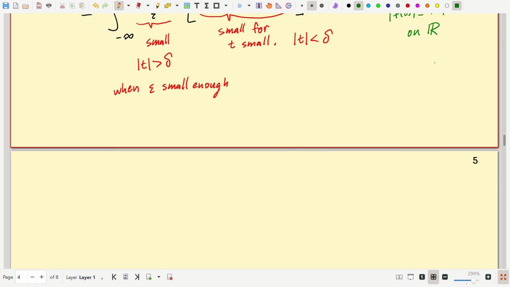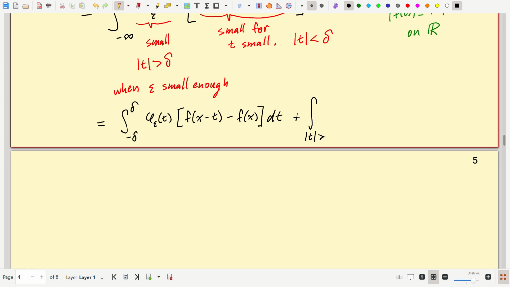So I could write this integral as an integral from minus delta to delta of phi epsilon t times, this is where this thing is small, and then I'd have the integral when absolute t is bigger than or equal to delta.